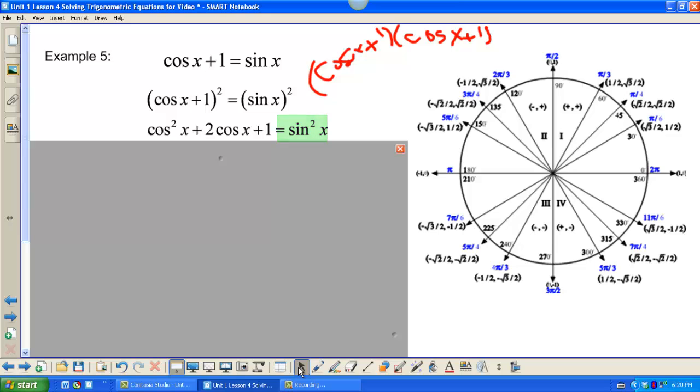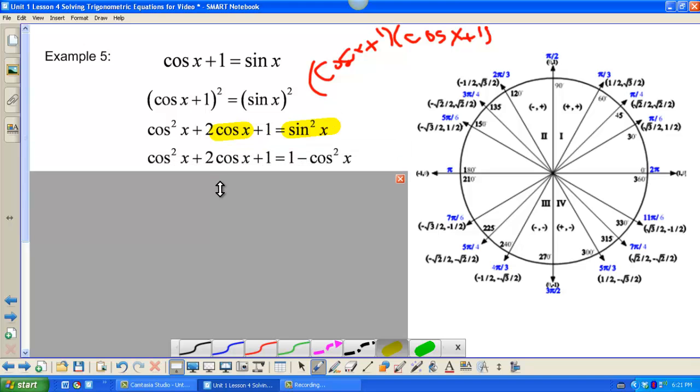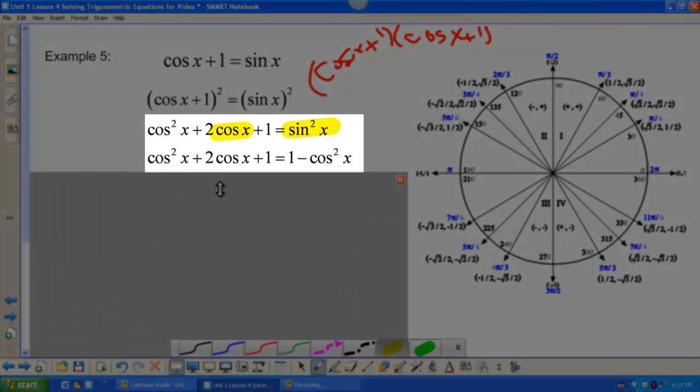Now, I notice on the left I've got a lot more cosines going on. I've got this single cosine right here. So instead of trying to get the cosines in terms of sine, I'm going to convert the sine squared x into cosine squared. So from a previous problem, we know that the sine squared of x, from a Pythagorean identity, is 1 minus the cosine squared of x.